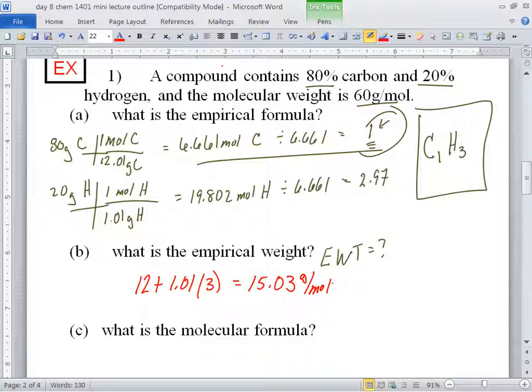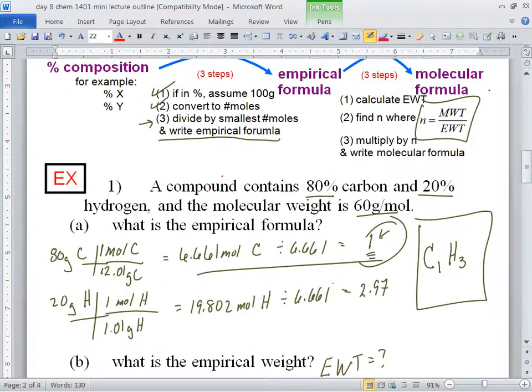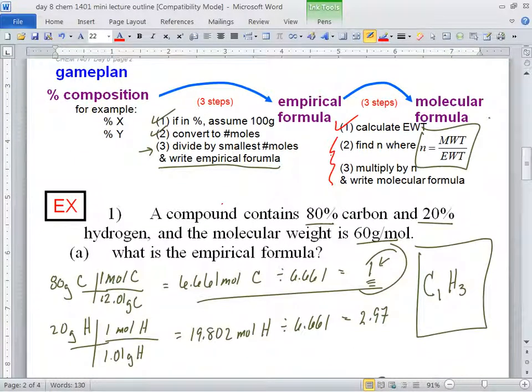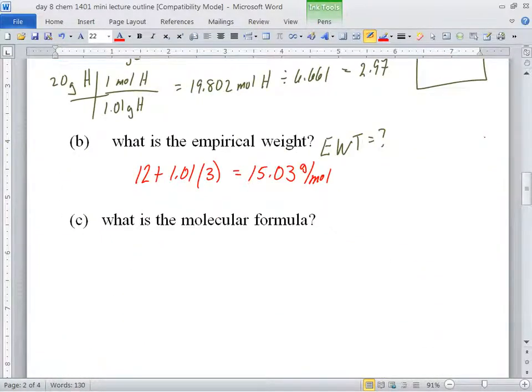So Giselle, how are we supposed to, right? So we just calculated the empirical weight. Now we're supposed to do these 2 steps. Divide them. Right? Get your little n, molecular weight over empirical weight.